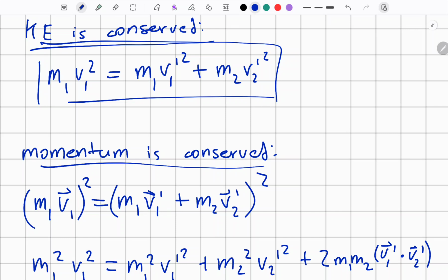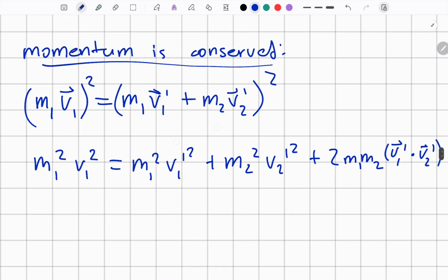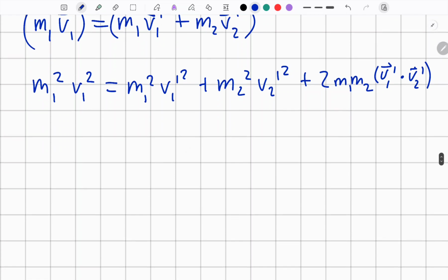Now using that formula we gained from using momentum, we created a new formula here.